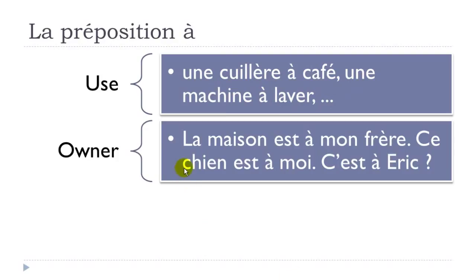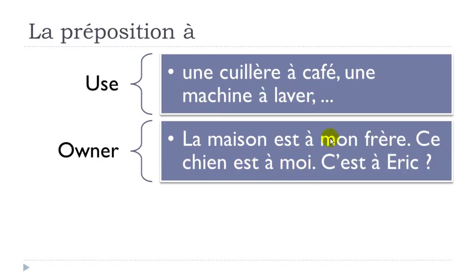Another option would be the owner. So if you want to say la maison, so the house, est à mon frère. So it belongs to my brother. So in that case, we use this être, to be, and then à here, mon frère, my brother. Or then you could say ce chien, this dog, is mine. So est à moi.